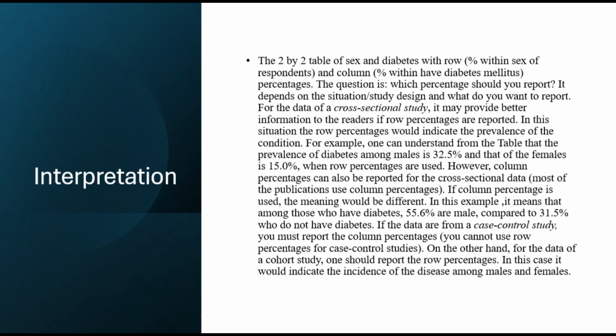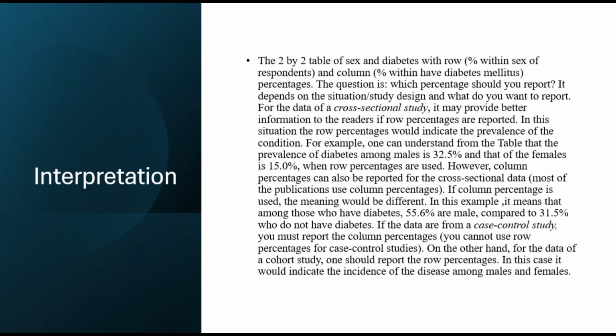For the data of a cross-sectional study, it may provide better information to the readers if row percentages are reported. In this situation, the row percentages would indicate the prevalence of the condition. For example, one can understand from the table that the prevalence of diabetes among males is 32.5% and that of the females is 15.0% when row percentages are used.